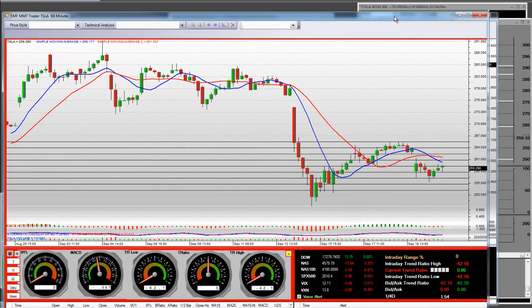Let's take a look at this one. This one here on Tesla Motors in our MMT app, that's a 60-minute gap down reversal. I am going to show, though, that Tesla has been extremely volatile ever since making these highs over here on a 60-minute level, and how 60-minute price goes down, 60-minute price goes up. But here's the thing.